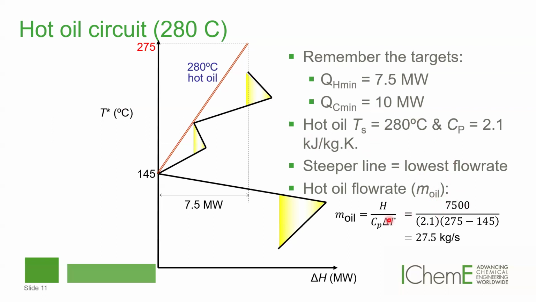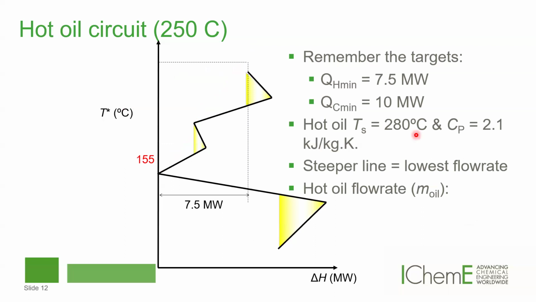So divided by the CP and also divided by delta T. That delta T is 275 minus 145, and that would give us 27.5 kilograms per second of flow rate. So this is the scenario when the temperature of the hot oil is 280 degrees Celsius.